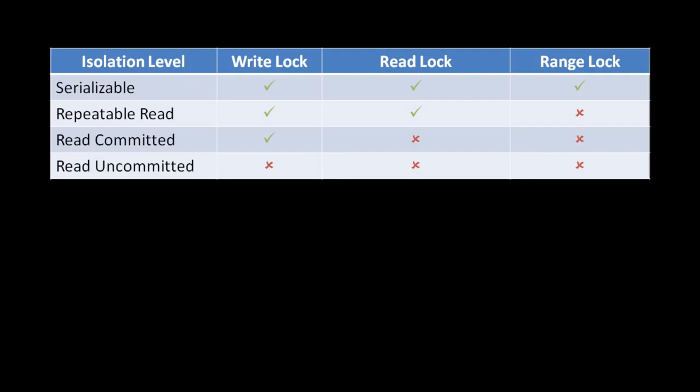And the difference between a write lock and a read lock is that a write lock, once acquired, prevents others from writing the same data, whereas a read lock, once acquired, prevents others from reading it. And a range lock is a lock that neither prevents reading nor writing. It's just a fixed selection of rows, basically.